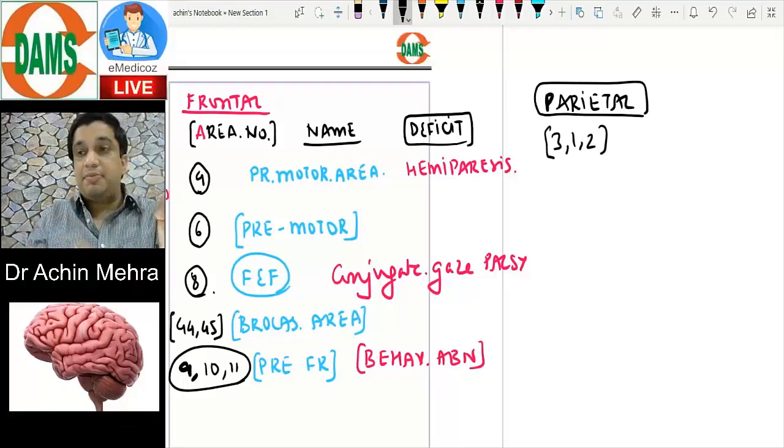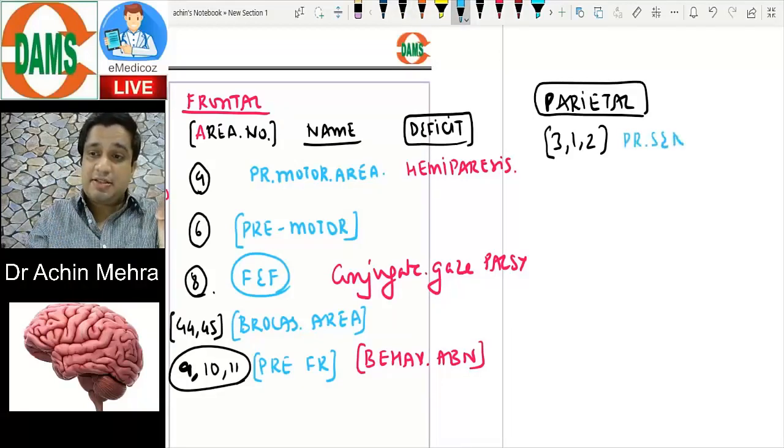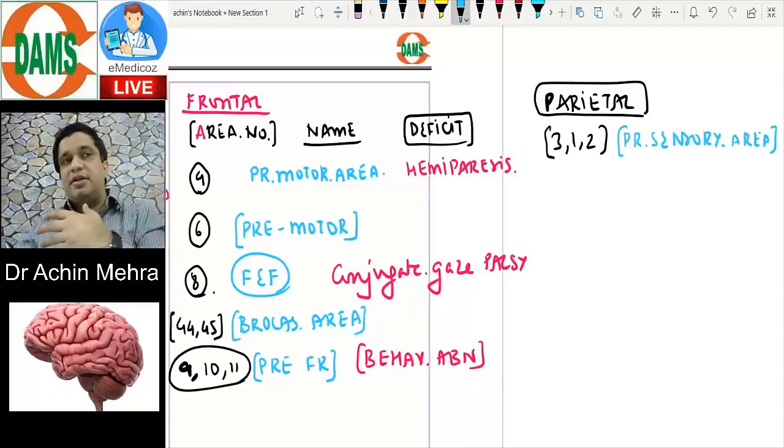Okay, if you remember, we had the primary sensory area sitting over there. There could be loss of localization or a sensory loss if there was a lesion in this part. So the basic outcome will be anesthesia seen in the patient to some modalities of sensation if there was a lesion in the parietal lobe.